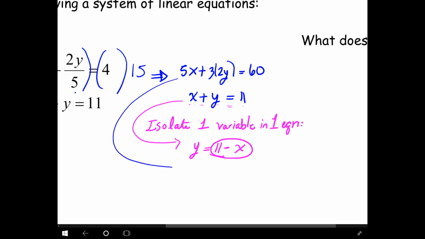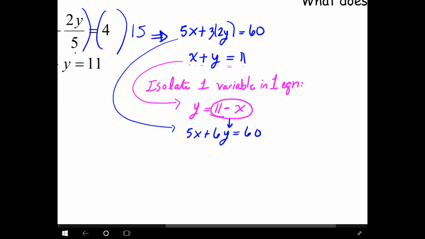So I'll go ahead and take this first equation down here, which is 5x plus 6y equals 60. Take that value of 11 minus x and substitute it in for y, which would give me 5x plus 6 times, parentheses are important, the quantity 11 minus x equals 60.